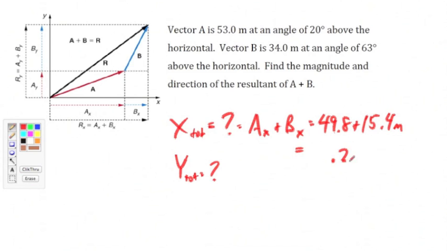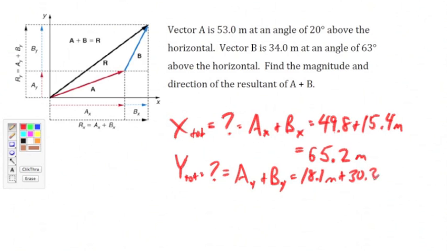And if I put those together, I'll end up with 65.2 meters. Now if we combine our y's, AY plus BY, I had 18.1 meters and 30.3 meters. And when we combine those, I get 48.4 meters.